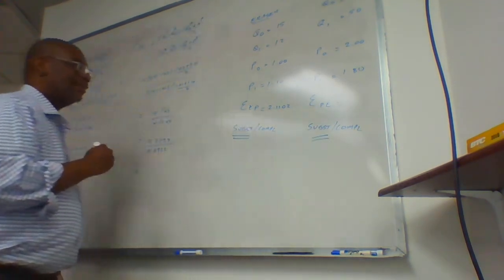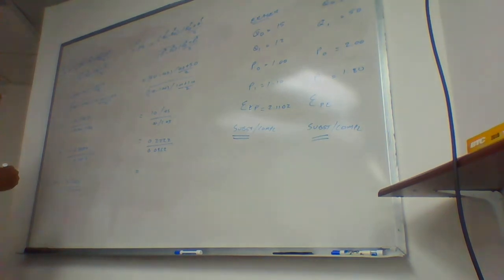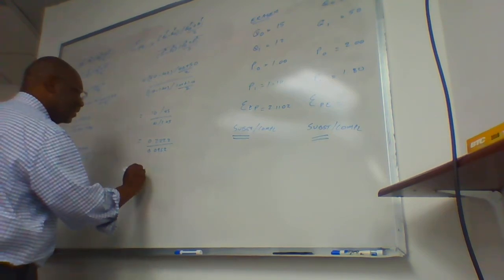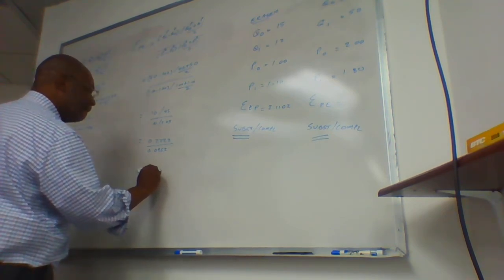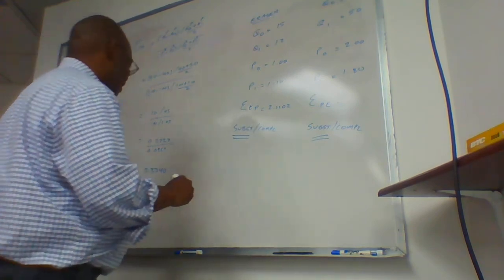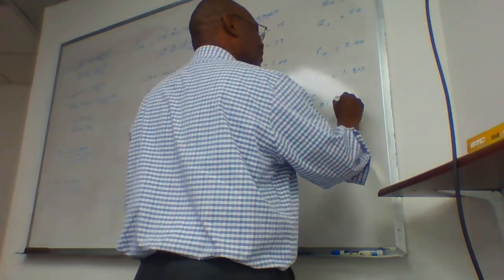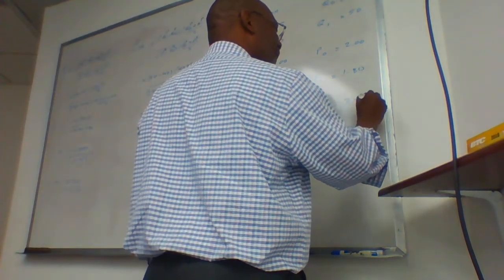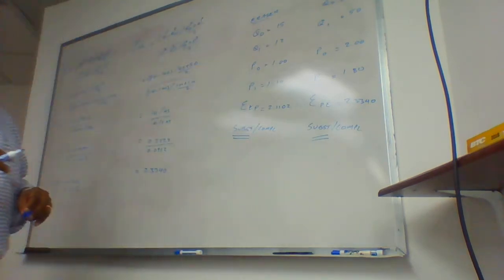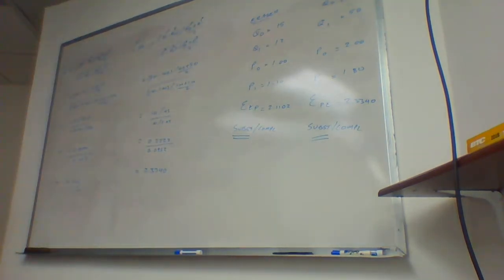All right, that's good. And what's 0.222 divided by 0.0952? Ooh, that's close. 2.334. Oh, they're substitutes, that's nice. They're both substitutes for each other, and they're both very sensitive. All right, so very elastic, and they're both substitutes.